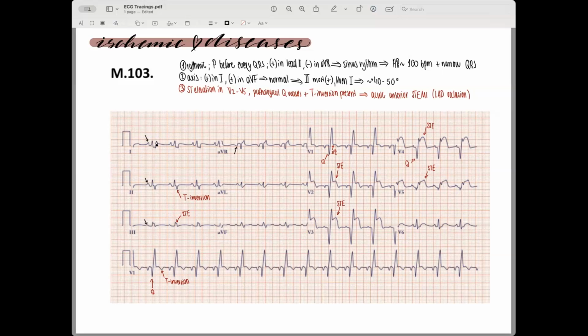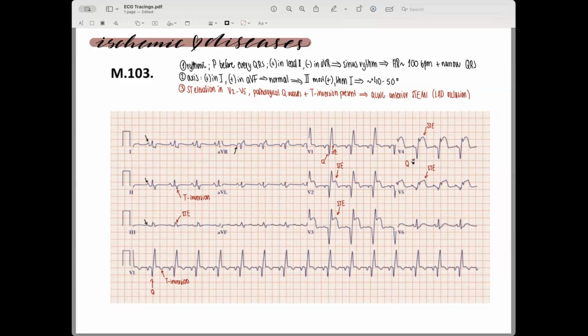The next thing I noticed were the ST elevations in the precordial leads, namely V2 to V5, which we can see here. I highlighted them. And I also thought they were pathological Q waves. Now that's a pathological Q wave.